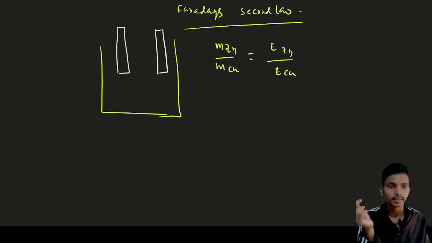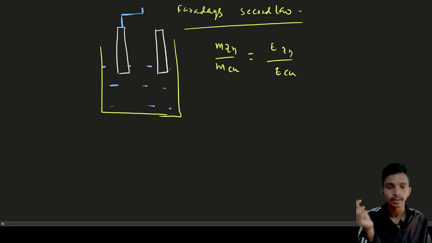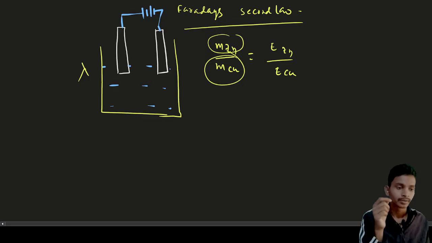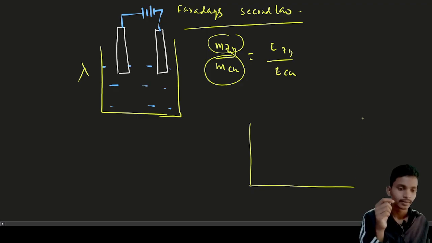like this, and let's say the electrolyte is here, and I simply connect like this. Okay, but since that is wrong, because we are taking two different types of electrolytes, the graph will not be like this.